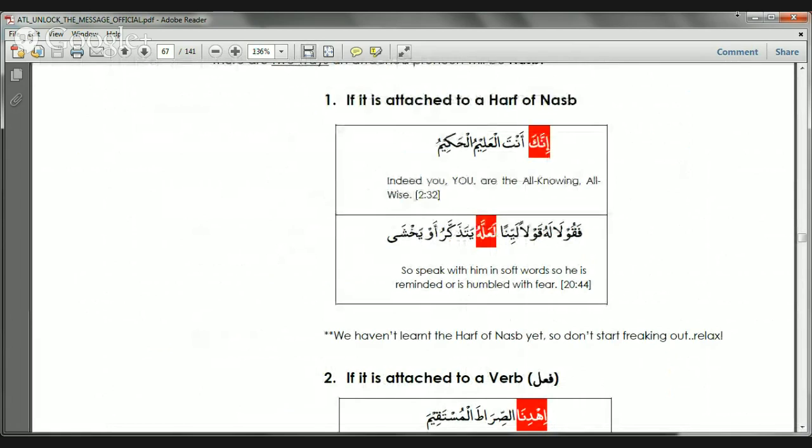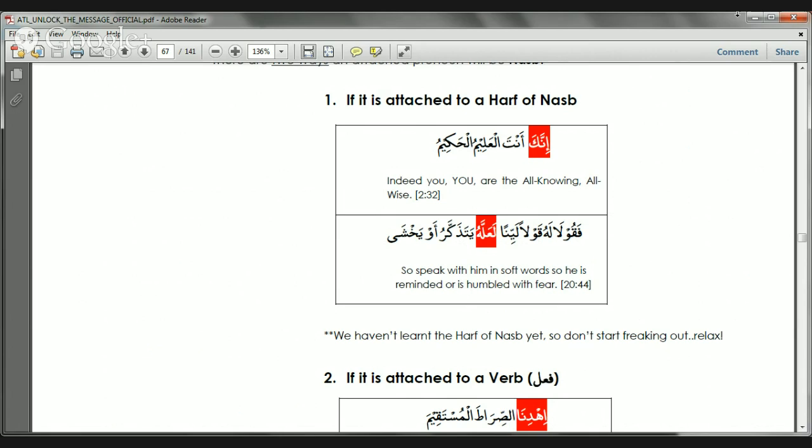What's the first way? If it's attached to a harf of nasab. What is it attached to? Tell me again, what is it attached to? Is it nasab if it's attached to an ism, or is it nasab if it's attached to a harf of nasab? I want you to be very clear on this. I asked a question, I need an answer. Is it attached to a harf of nasab or is it attached to an ism?